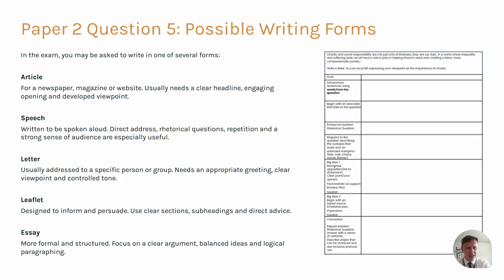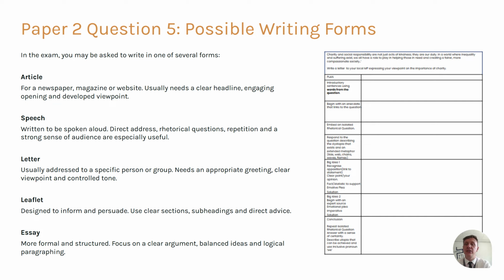If you're writing a letter, we need to think very carefully about who we are writing to. A letter to your head teacher, for example, would sound different from a letter to a local newspaper. You need an appropriate greeting, a clear reason for writing, and a controlled and more formal tone. If we're writing a leaflet, it's all about clarity.